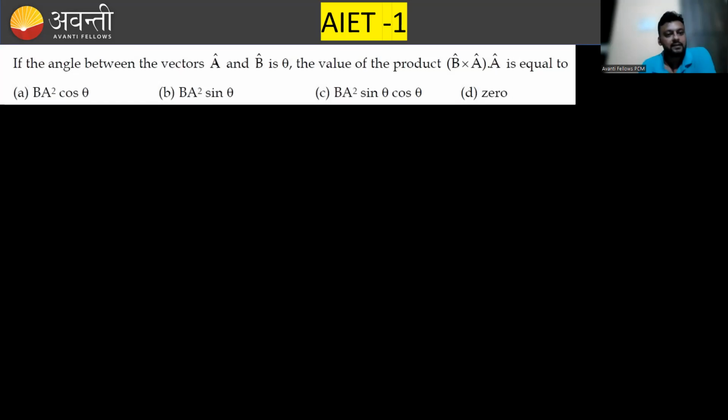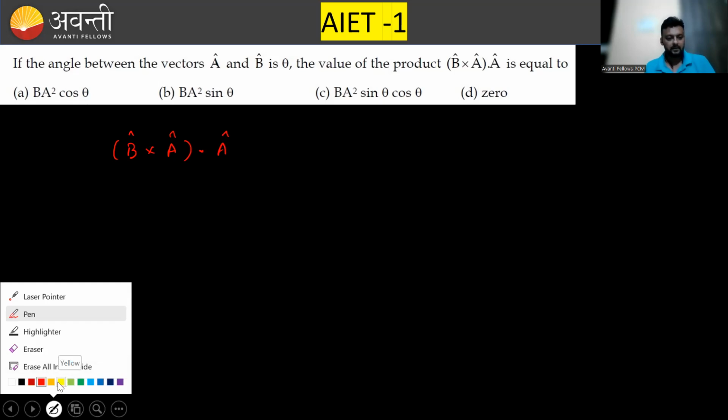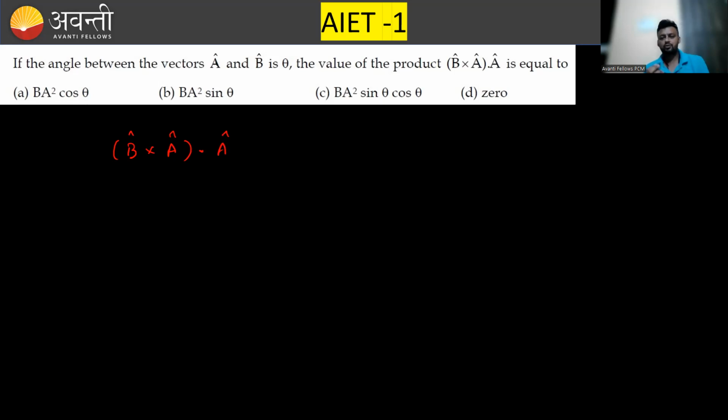Two vectors are there, A and B, and the angle between them is theta. They are asking the value of the product B cross A dot A. Now listen to me very carefully. I am not going to write anything here.